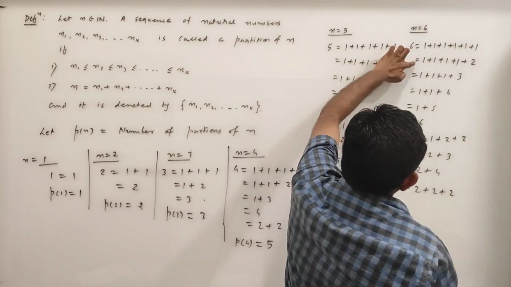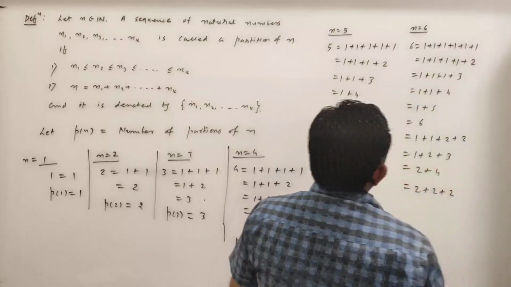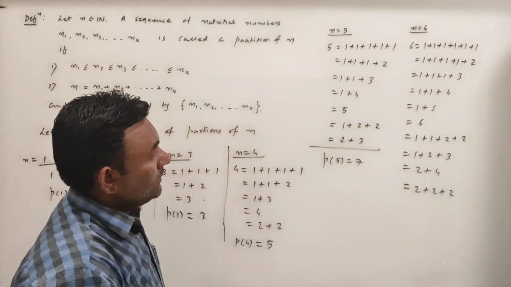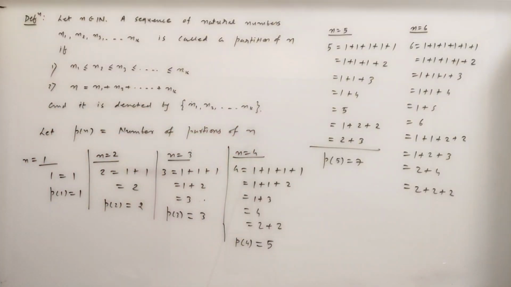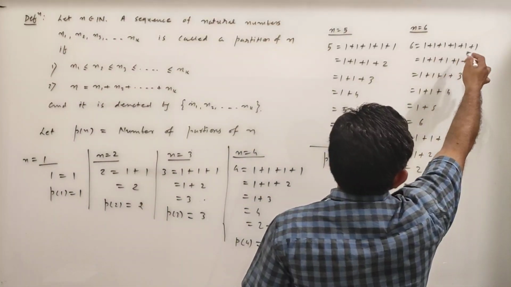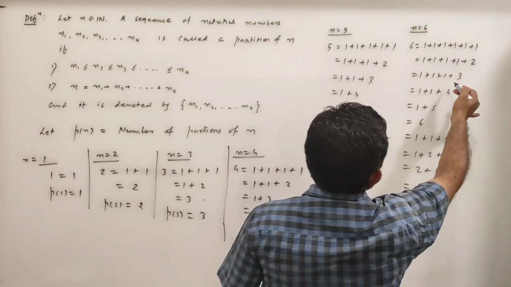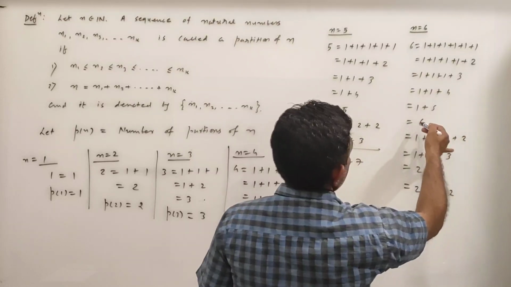So how many? 1, 2, 3, 4, 5, 6, 7, 8, 9, 10. And there should be one more. And yes, one more partition is what? It is 1 plus 1 plus 1 plus 1, 1 plus 1 is 2, then 1 plus 2 is 3, 3 plus 1 is 4, 4 plus 1 is 5, 5 plus 1 is 6.